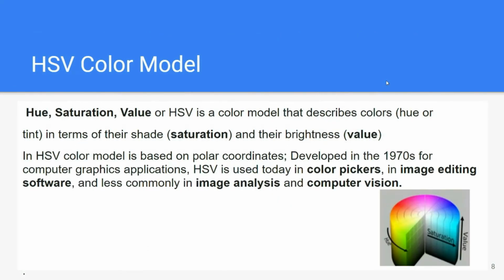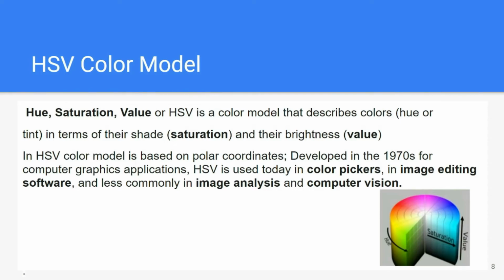The next color model is the HSV color model. HSV stands for hue saturation value. HSV is a color model that describes colors in terms of shades and their brightness. The HSV color model is based on polar coordinates, developed in the 1970s for computer graphic applications.